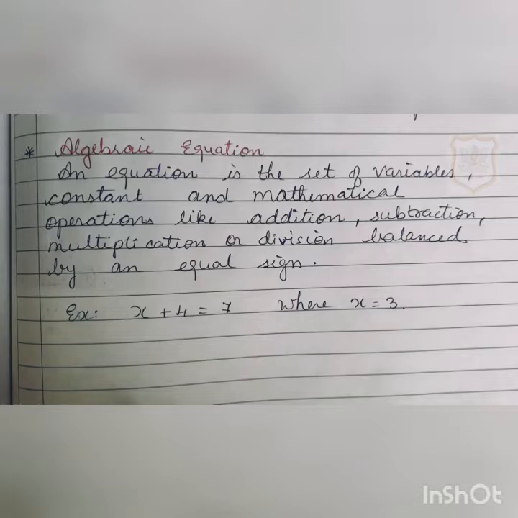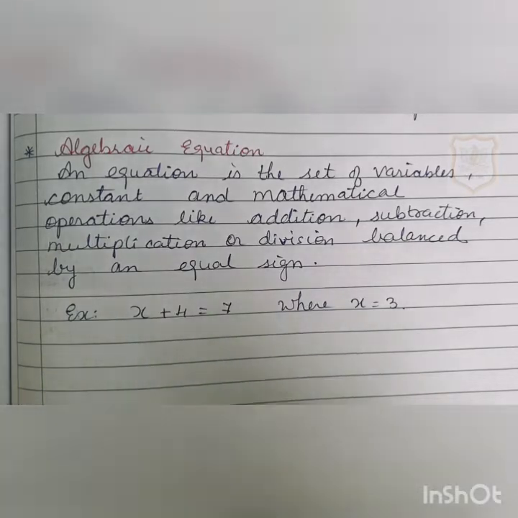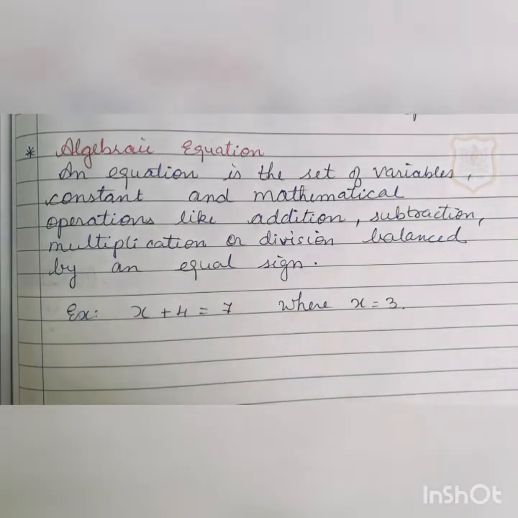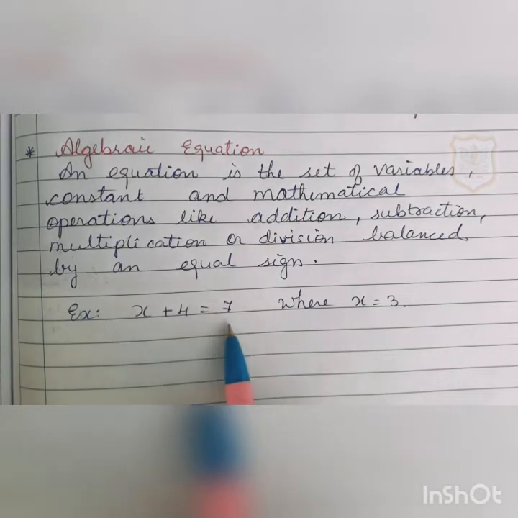But if we write x plus 4 is equal to 7, this equation has been given. Now if we subtract 4 from both sides, x plus 4 minus 4 is equal to 7 minus 4. So we get the answer x is equal to 3. So the value of x is equal to 3.